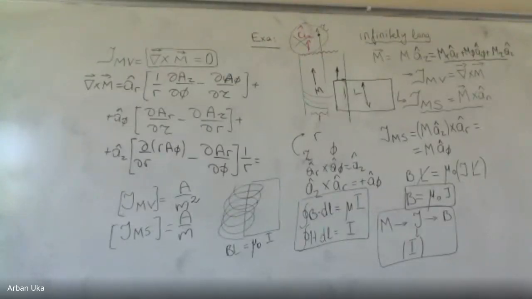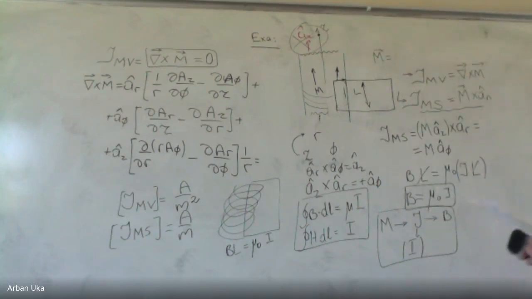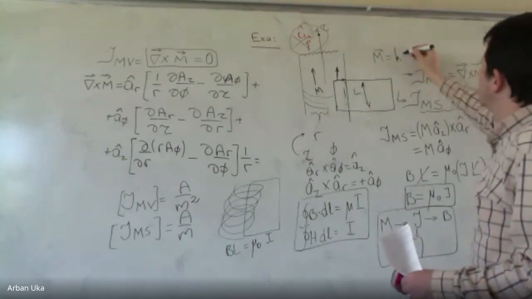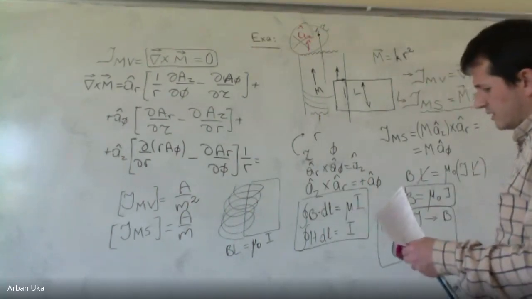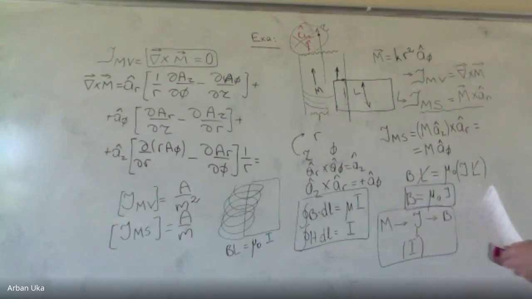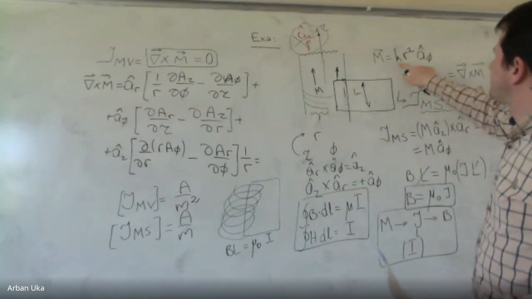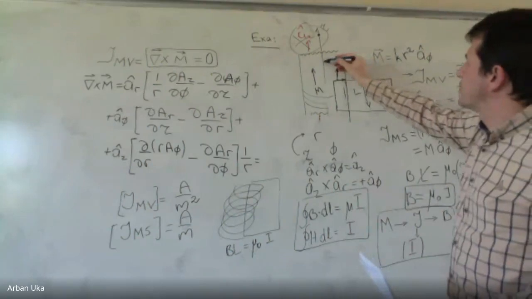Now, let's assume for a moment the magnetization was not a constant. So allow me to erase some parts here. Let's assume that the magnetization can be written as K R squared times A phi, where R, the little r, is the distance from this axis.